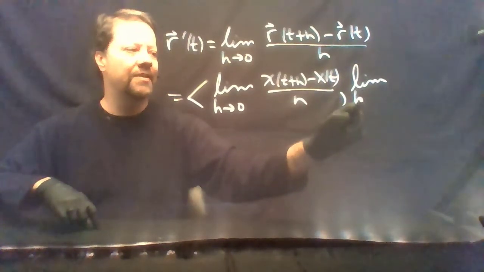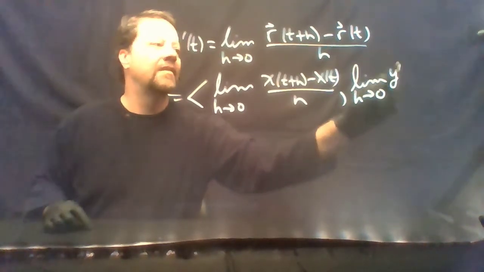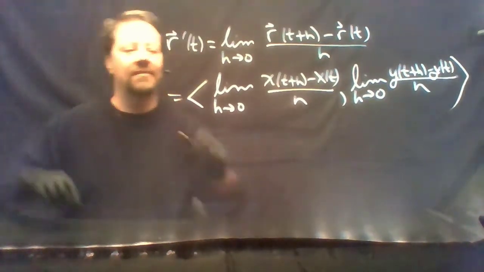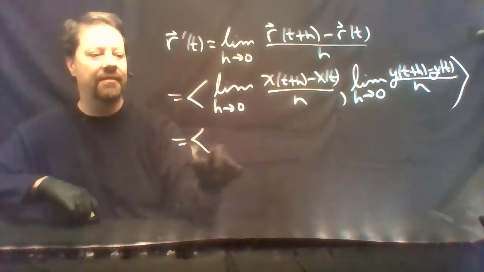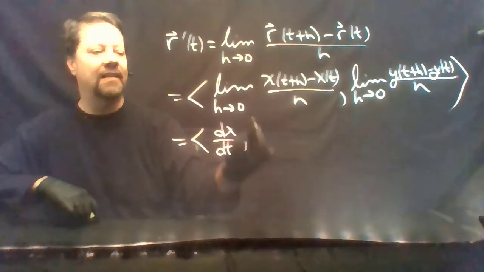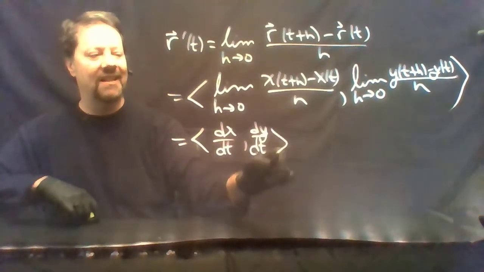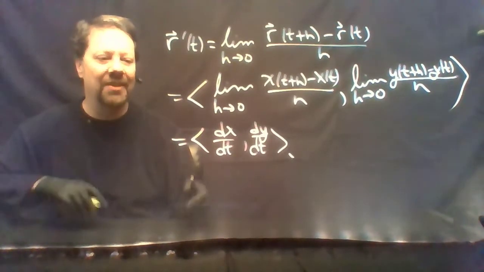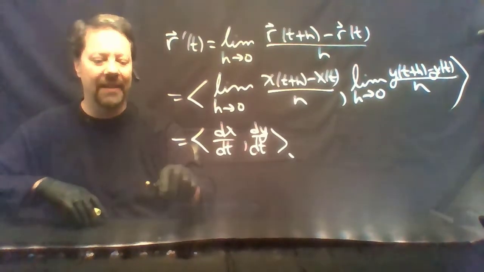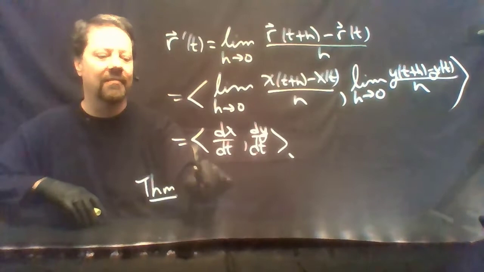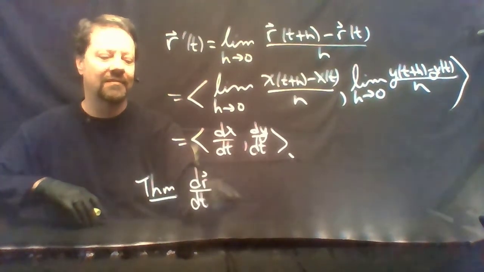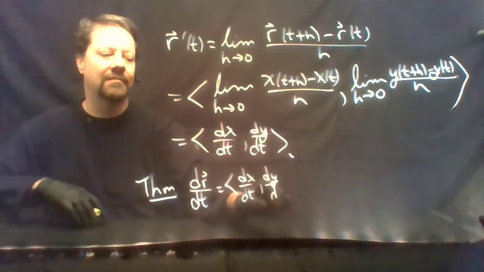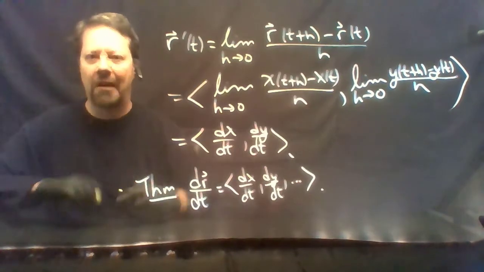Let's just do 2 dimensions. This works in arbitrary dimensions. And sure enough, you get dx/dt, dy/dt. So to calculate the derivative of a vector-valued function, all you have to do is take the derivative of each coordinate, however many coordinates you need.